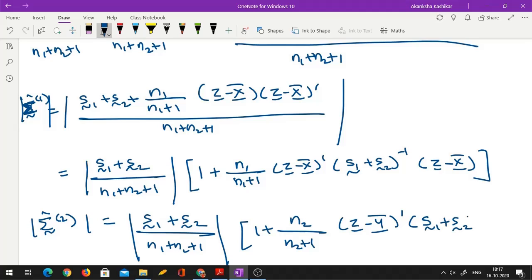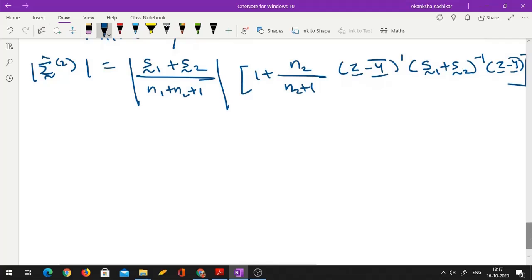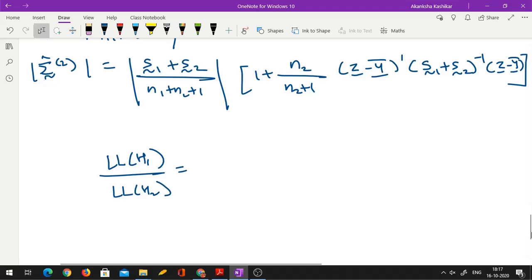The likelihood ratio test statistic would be the ratio of the determinants, and because the determinant goes in the denominator in the likelihood, I would have this ratio as determinant of sigma 2 hat upon determinant of sigma 1 hat. Why? Because the determinant is in the denominator in the likelihood, so it gets reversed.